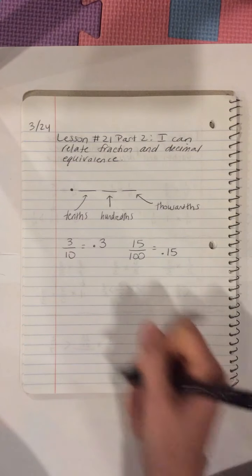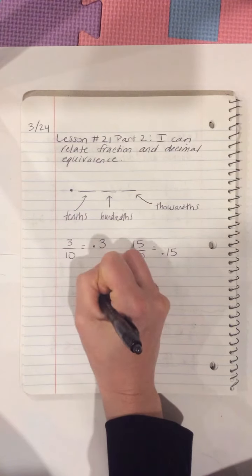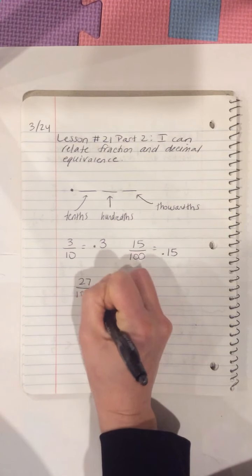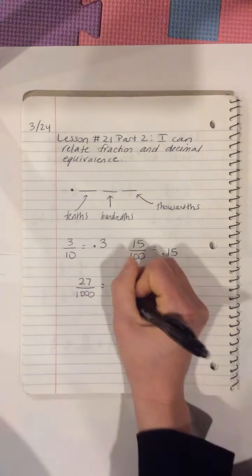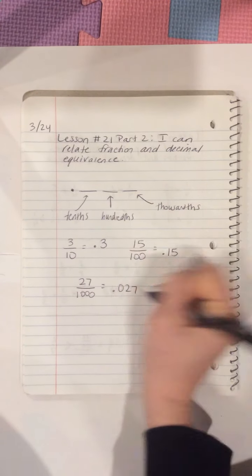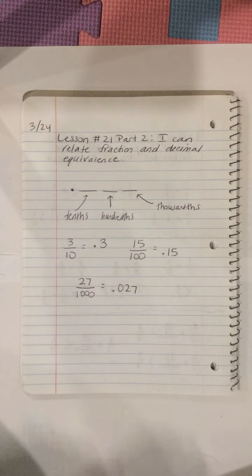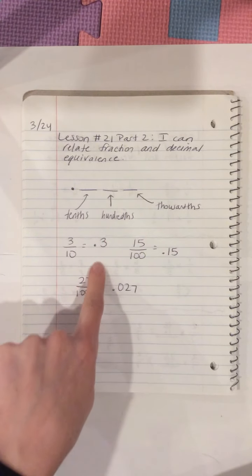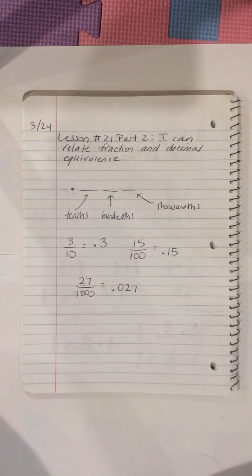Or 27 thousandths. A 27 landing in the thousandths place. So if you have a tenth, a hundredth, or a thousandth as your denominator when it's a fraction, it could not be any easier to turn it into a decimal.